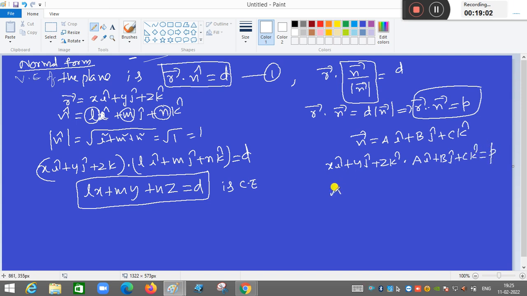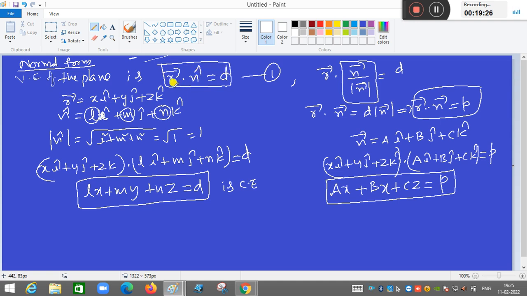So ax + by + cz = p. This is the general equation. This is also the equation of a plane.